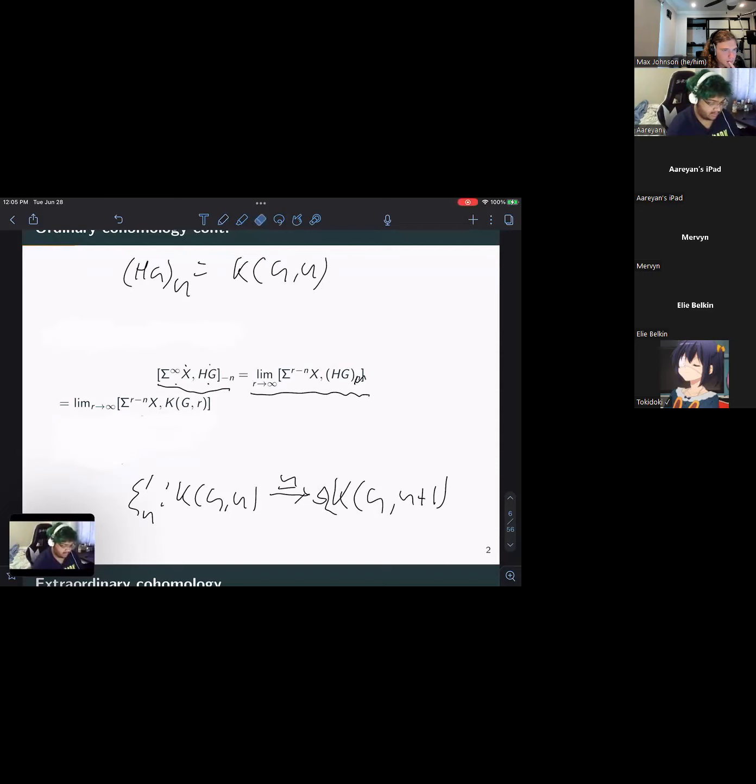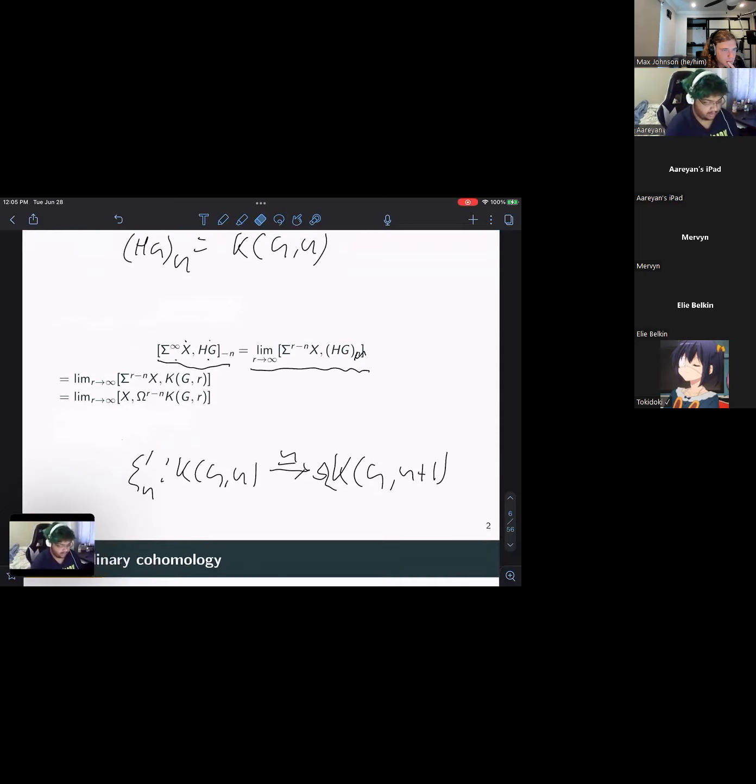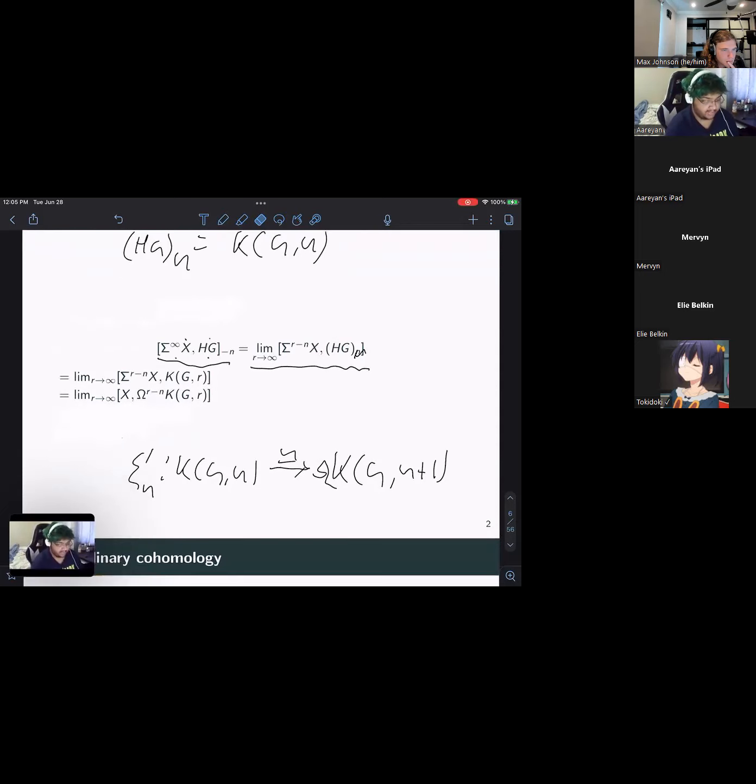But then we know that the suspension has an adjoint in the loop space functor, so write it like this. Now using what I just said, where taking the loop space decreases the index, I get this. Remember that maps from X to an Eilenberg-MacLane space is quite simply just the cohomology, and it's the same limit.